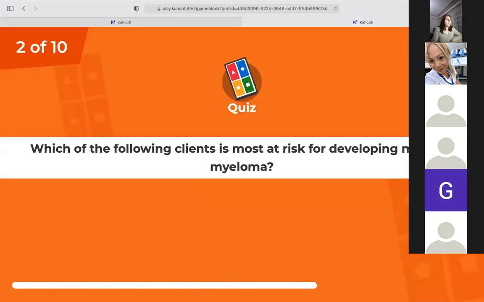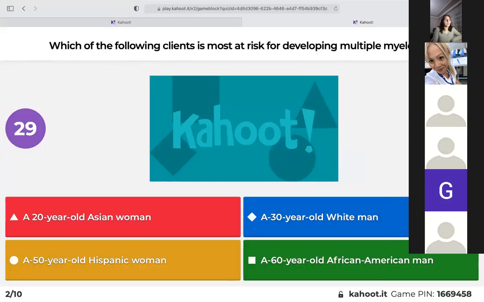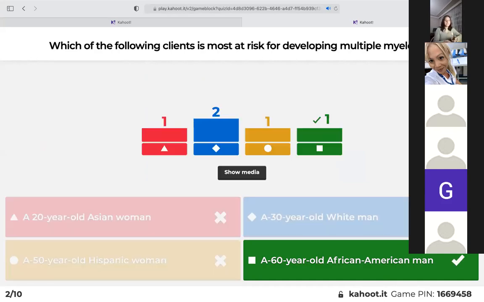Which of the following clients is most at risk for developing multiple myeloma? A 16-year-old African-American man.